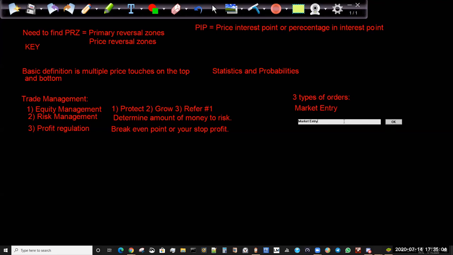I didn't do my one. You have limit orders. You have stop orders. In one order, all three of these things exist. I'm going to give you an example here before we go back to the chart.